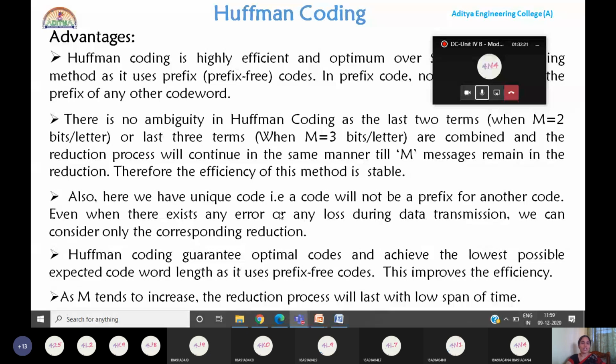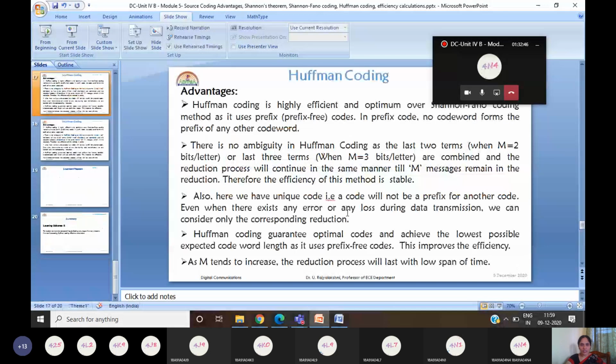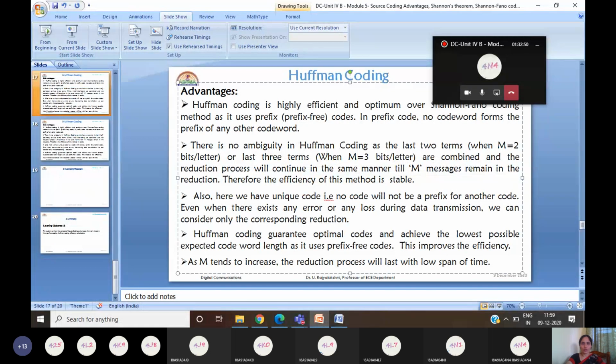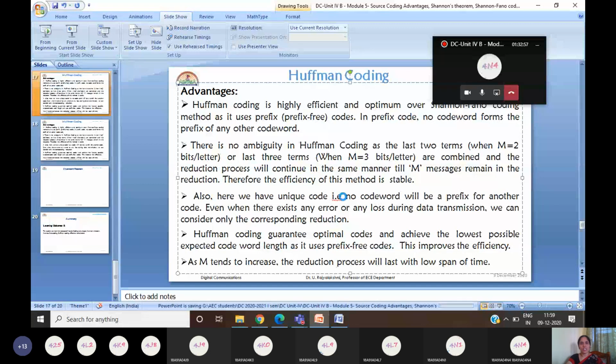Even when there exists any error or any loss during data transmission, we can consider only the corresponding reduction term. Okay.